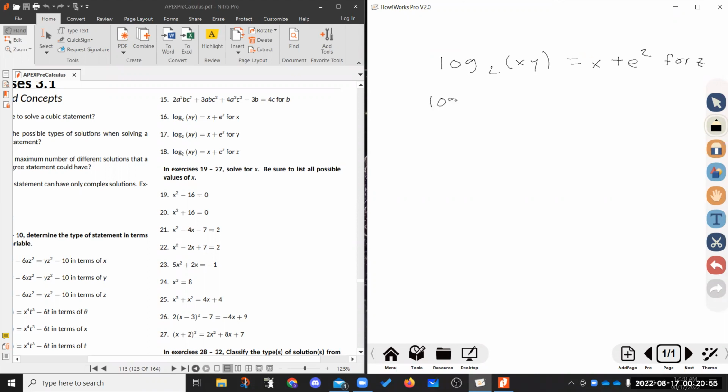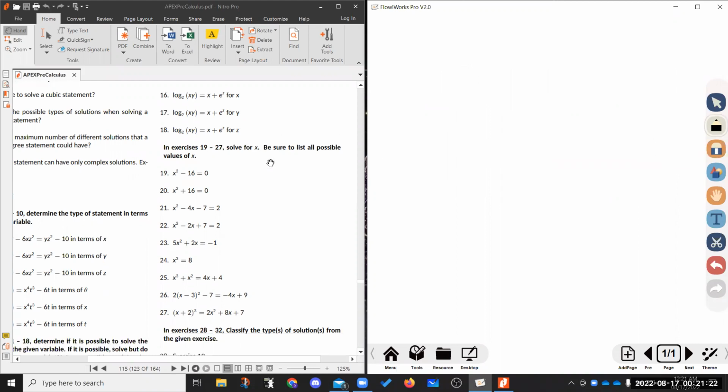It's going to be log base 2 of xy minus x is equal to e to the z. And so that means that ln of log base 2 of xy minus x is equal to z. So number 17 was the only one that couldn't be solved with the methods that we know right now.